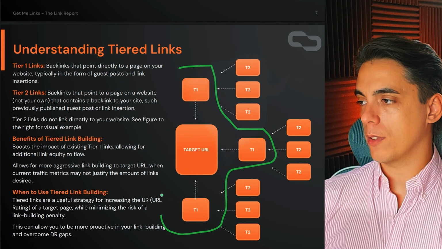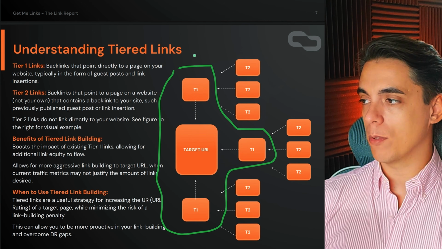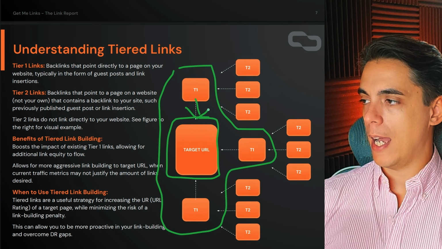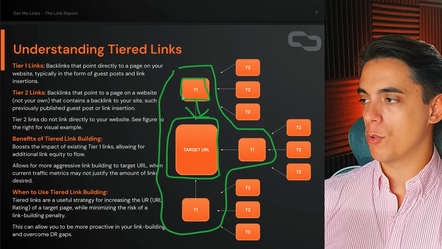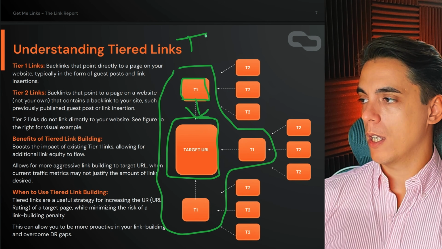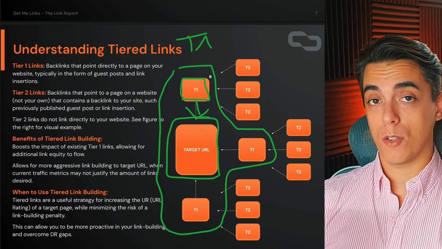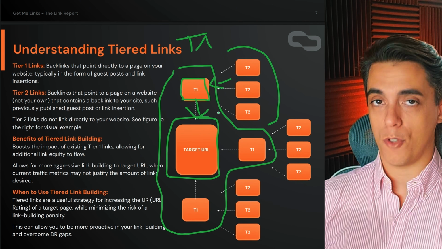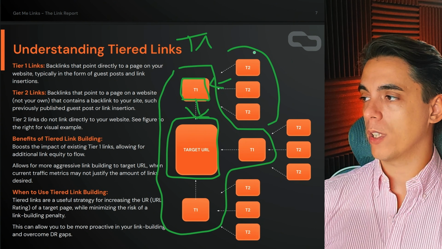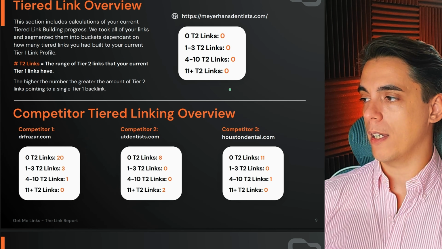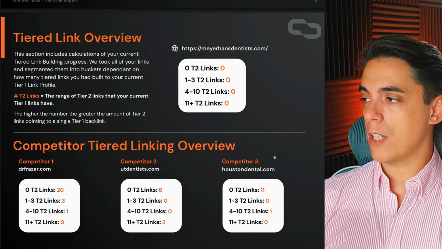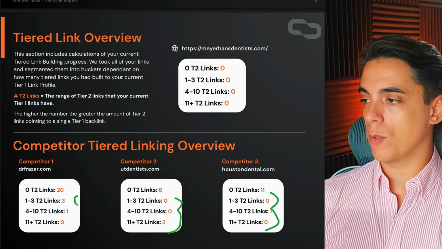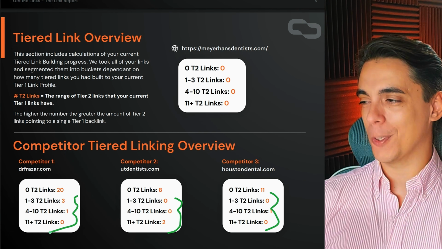All this that we're talking about here is at the tier 1 level. This means our client, or in this case, you, right? And the links are pointing directly to you. This is a tier 1. However, those websites, those pages will also receive backlinks of their own accord that will make those URLs stronger. So you need to also look into this to see if there's a lot of that there. And in this particular case, we don't see almost any tier 2 links pointing to the links that are then pointing to the competitors.